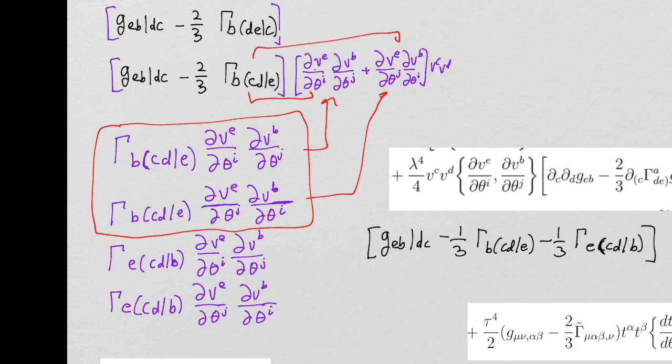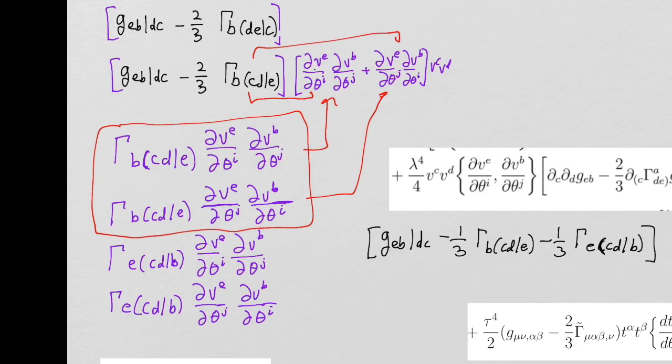Now, it just so happens that if I were to swap E and B, then this sum with E and E is now summing over partial VE, partial I. Here the sum was partial VE over partial I, but E was in the other slot. That first slot was VB over partial J, right?